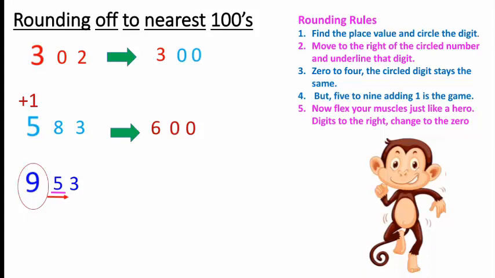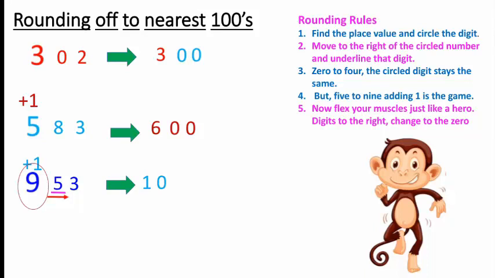After placing an underline, we can see that again this digit is equal to 5. That means this digit which is underlined is equal to 5. So we have to add 1 to the circle digit. Clear? So what will be the rounding off for this given number? When we add 1 to the 9, that means with the circle digit when we add 1 we have got 10. 9 plus 1 has given us 10.